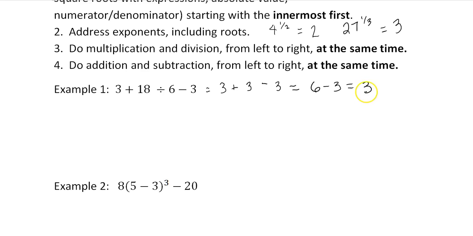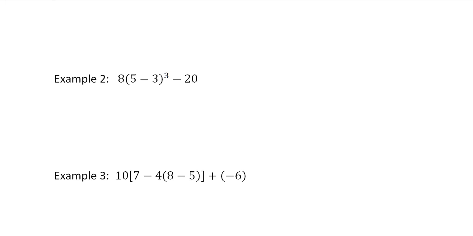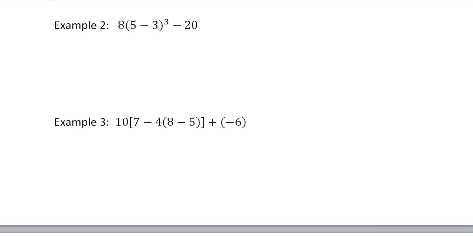Our next example, we've got 8 multiplying the quantity of 5 minus 3, and that's cubed, and then we subtract 20 from that. So I'm going to take this one step at a time, usually the best way to go about it. So I'm going to take that 8, and I'm going to take that 5 minus 3, that's a 2. And then I'm going to have that cube still on there. Can't drop that cube. We haven't done anything with it yet.